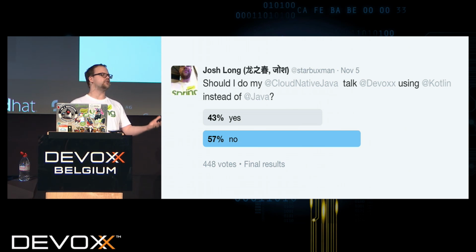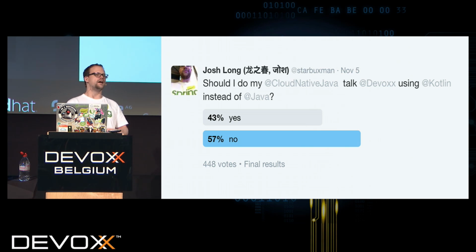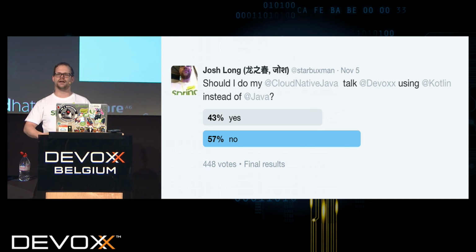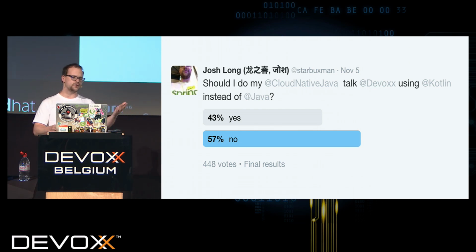So I was looking for ways to go faster, to cram more in, because if you've ever seen my talks, you know that I go in a lackadaisical, slow manner, and I don't cram a lot of stuff in. It's very easygoing, right? So this time I was looking for ways to go a little bit quicker, and I was going to use Kotlin, but that didn't happen. So, what the heck?